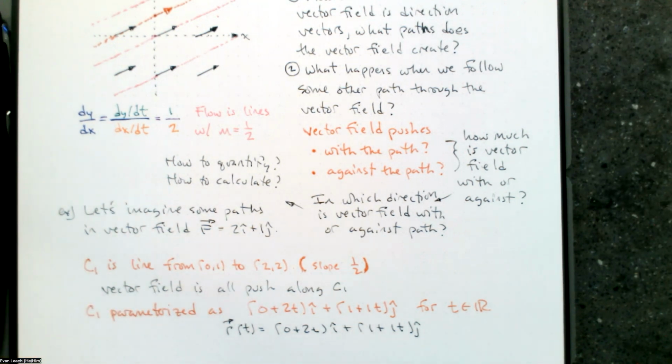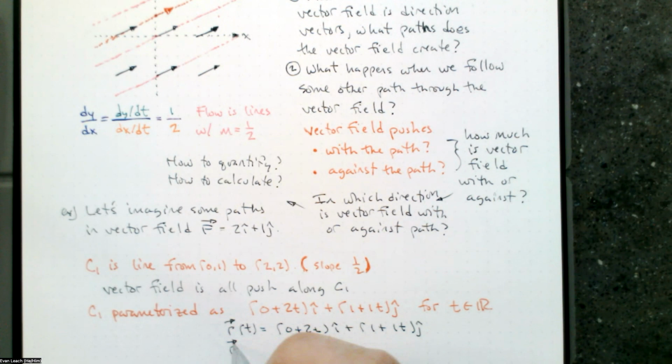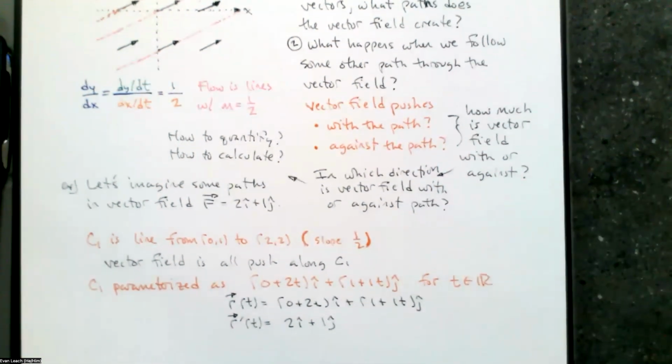If we think about what direction this path is taking, we're not surprised by this at all because we knew I was picking a flow line for the vector field.